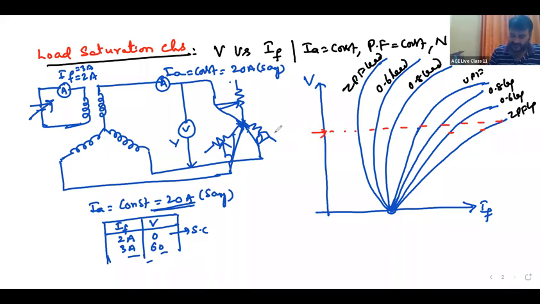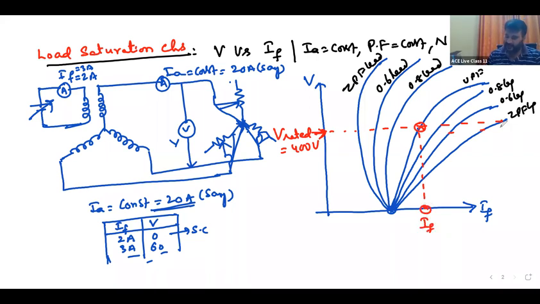This is the 0.8 line. This is V rated. Rated voltage means, say, 400 volts. You want 400 volts. For unity power factor, this much field current is required. This much field current is required for UPF.